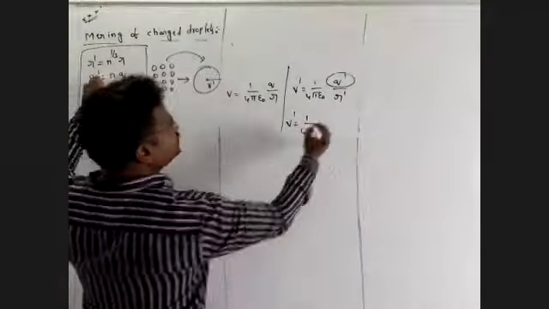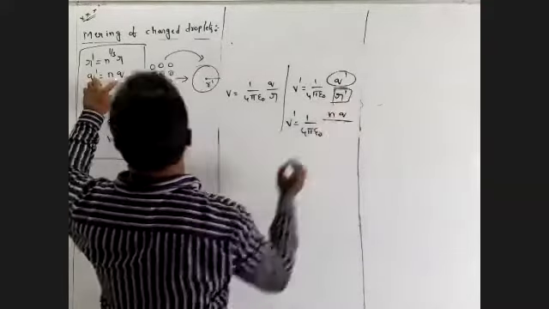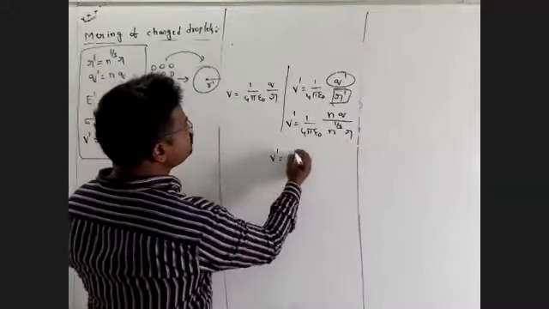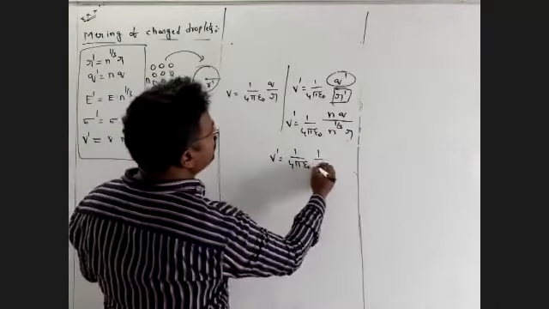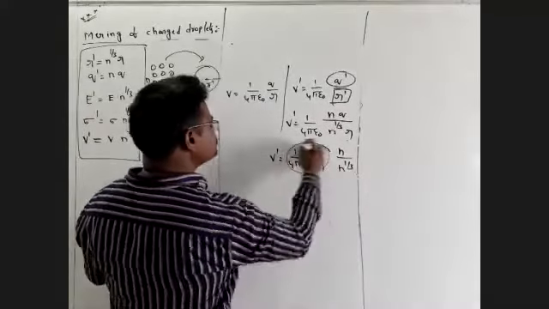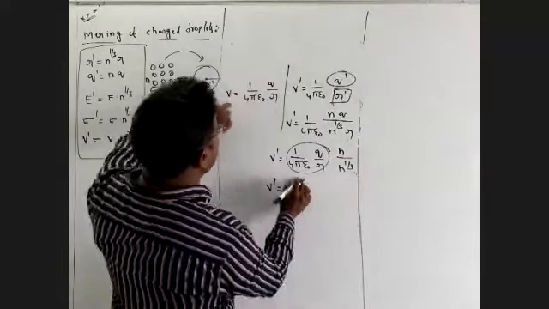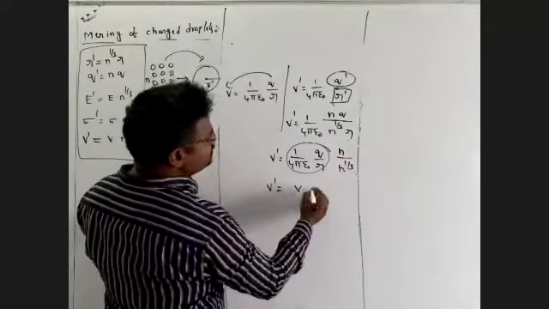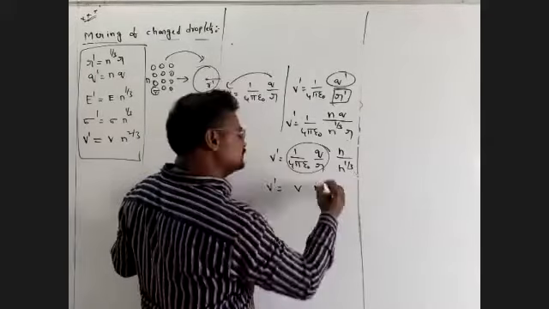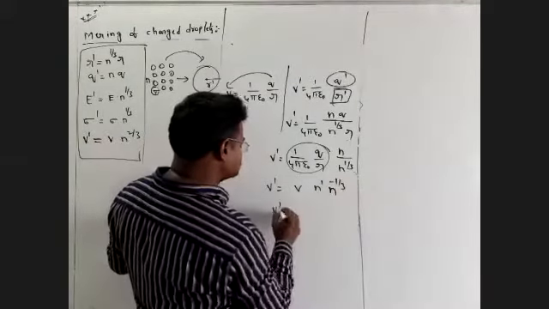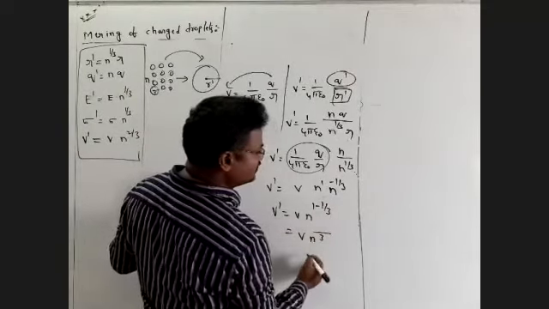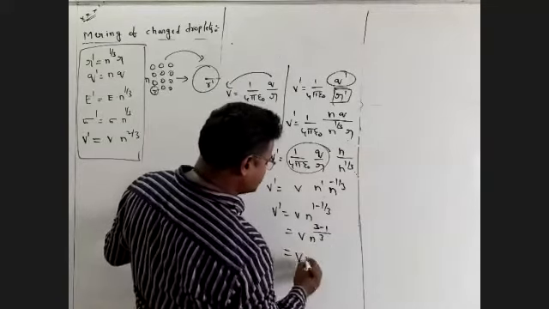What is Q dash? n Q. What is R dash? n power of 1 by third R. So V dash is equal to 1 by 4 pi epsilon naught Q by R times n by n power of 1 by third, which is V times n power of 1 minus 1 by third, that is n power of 2 by third.